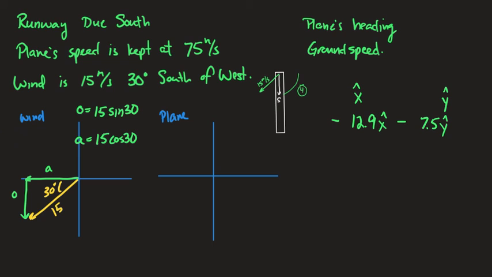Now the plane, we don't know what direction it has to be. I just know it's got to be down here someplace. And just to make things different, I'm going to choose my angle to be here. It doesn't matter whether I choose the angle between the x-axis or the y-axis.